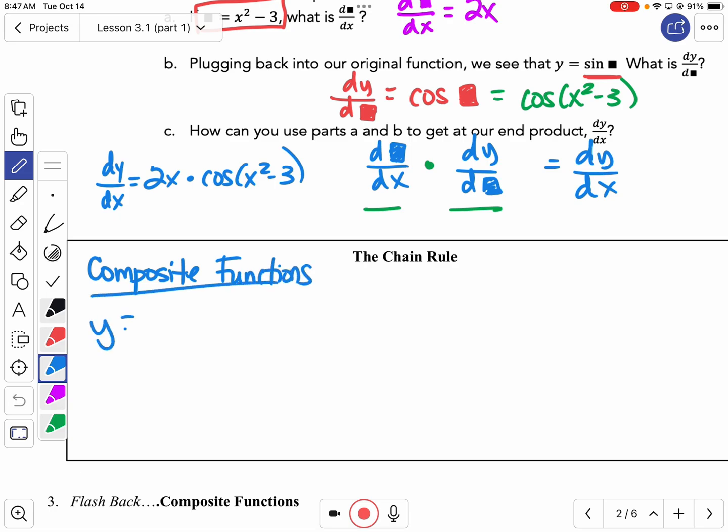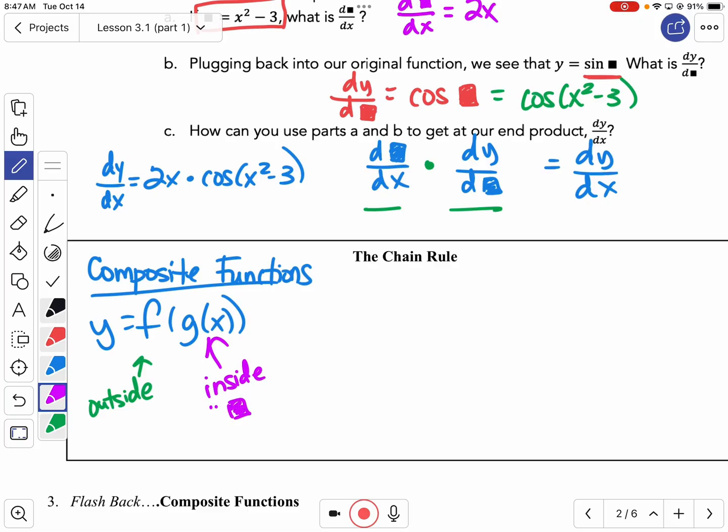we have y equals f of g of x. And so if we think about what we just did, f is our outside. Okay, g is our inside, or what we term that black box. So that inside function, right?